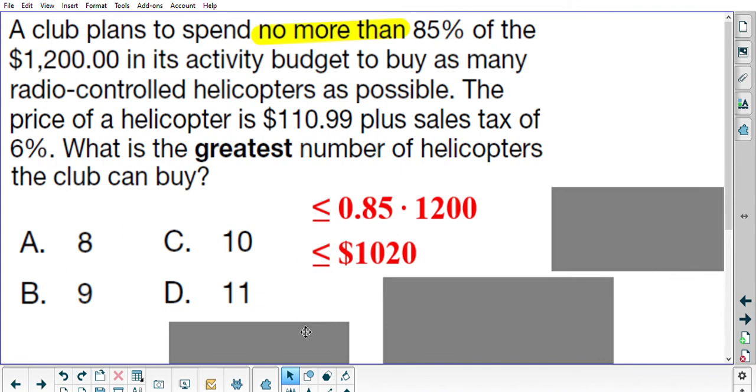Now, we need to find out how much each of those radio-controlled helicopters costs. Well, it said $110.99 plus sales tax, and the sales tax was at a 6% rate, very similar to Pennsylvania.